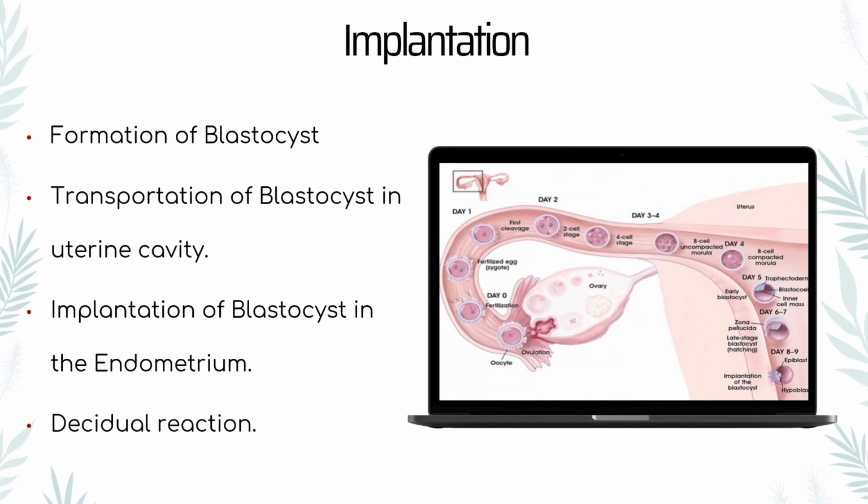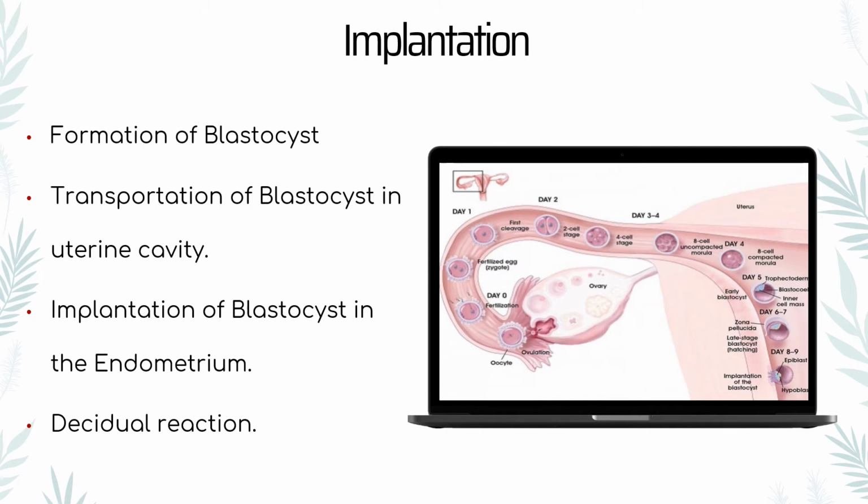And then the decidual reaction after implantation, the endometrium is called decidua. The stroma cells of the endometrium get enlarged, become vacuolated and get filled with glycogen and lipids. So these cells are called decidual cells.